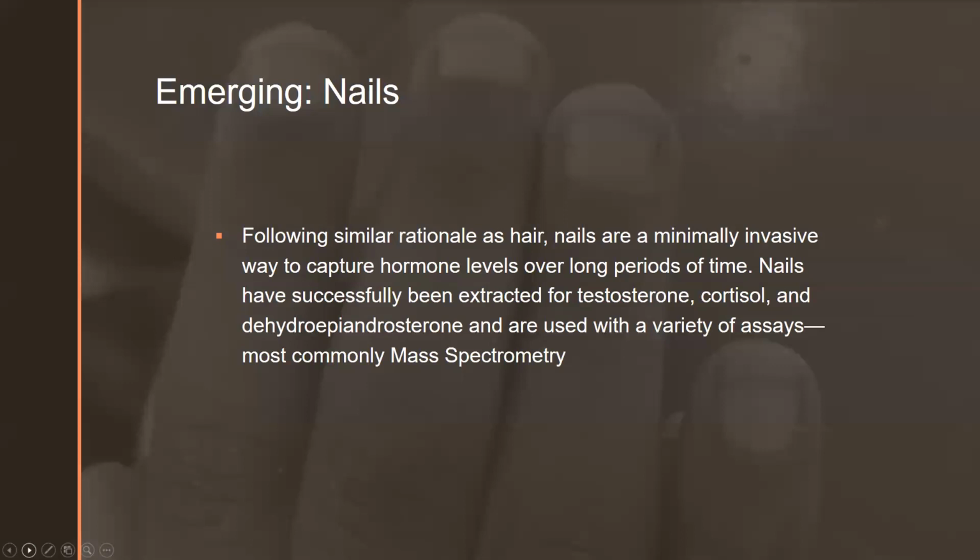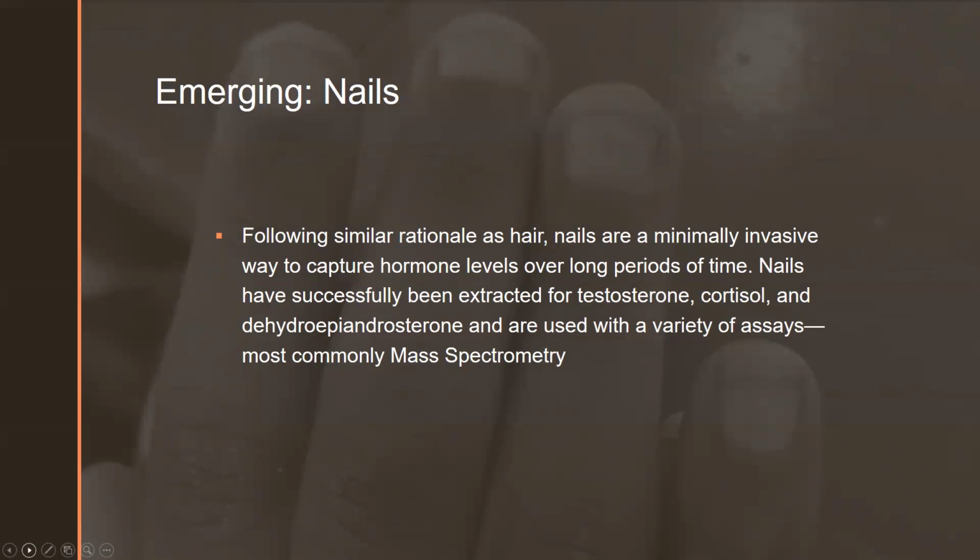Okay, so some of the emerging biospecimens to use: nails. They follow the same rationale as hair, and it is minimally invasive. So you can, again, capture a hormone level over a long period of time without much trouble.